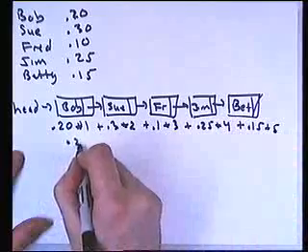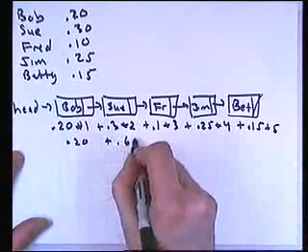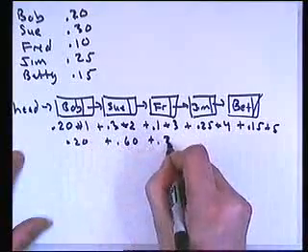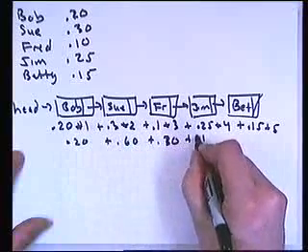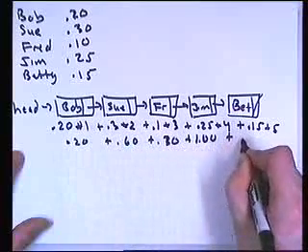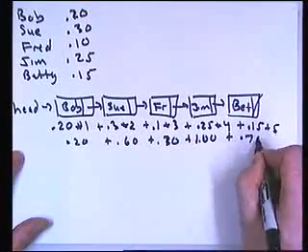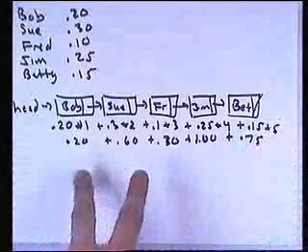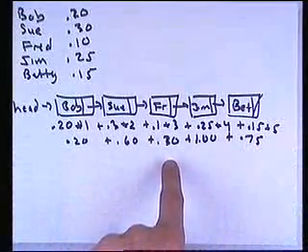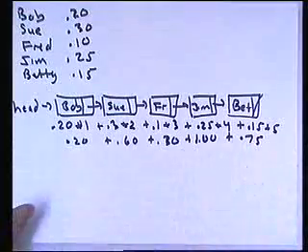And that turned out to be 0.20 plus 0.60 plus 0.30 plus 1.00 plus 0.75. And if you add that up, you have 0.80, 1.1, 2.1, 2.85.